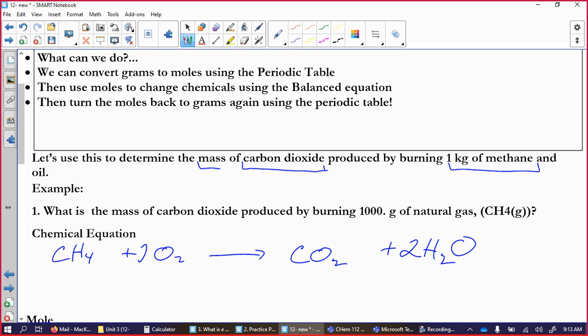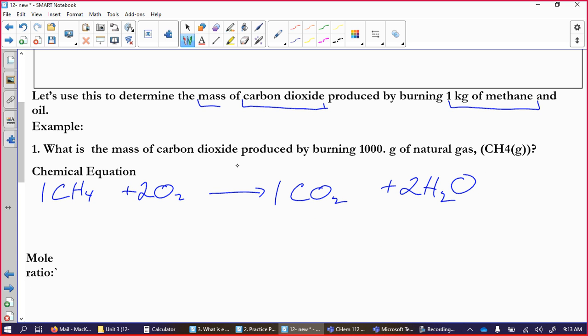So that is a 2, that is a 1, that is a 1. This one's fairly straightforward. Because we're looking at carbon dioxide and methane, I'm going to write it down now: 1 mole of methane produces, as a ratio, 1 mole of carbon dioxide, and that's our mole ratio.